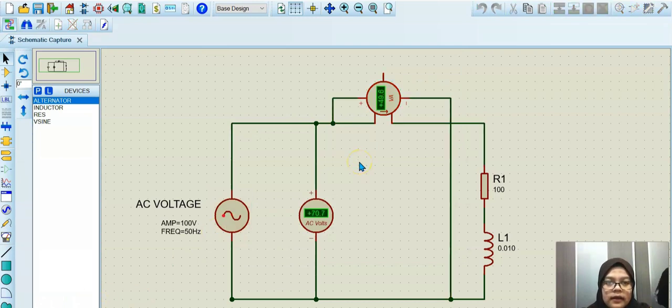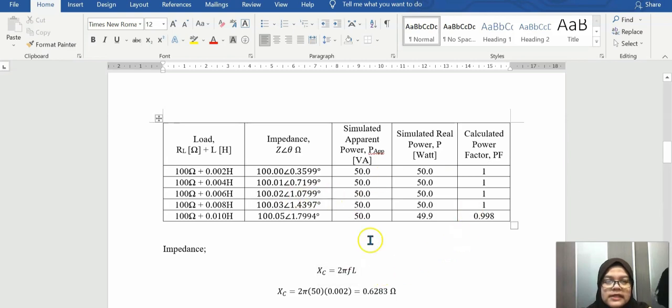I will get 50 VA. So this is the data that I have obtained from the simulation.